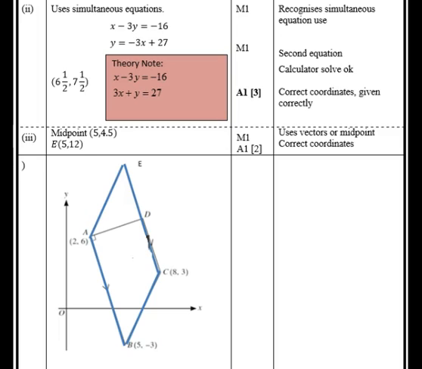That same vector from B to C is the vector from A to E, across 3 and up 6. And so E is (5, 12). So that's what they say in the answers. Use the vectors. You don't need midpoint, just use vectors. The vector from B to C is the same as the vector from A to E.